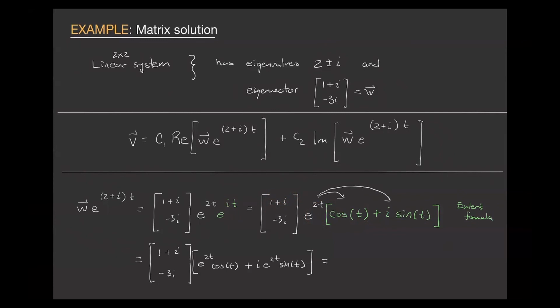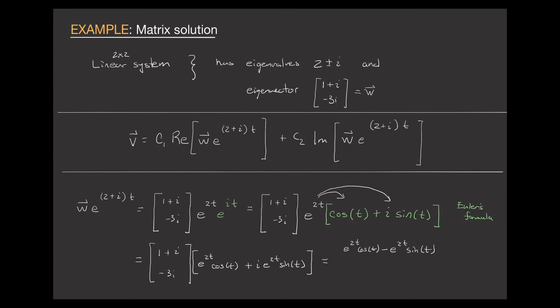And now what I'm going to claim is if you do the algebra, we get 1 times this thing, and then we get i times this thing. So there'll be a real part that is e to the 2t cosine of t minus e to the 2t sine t.